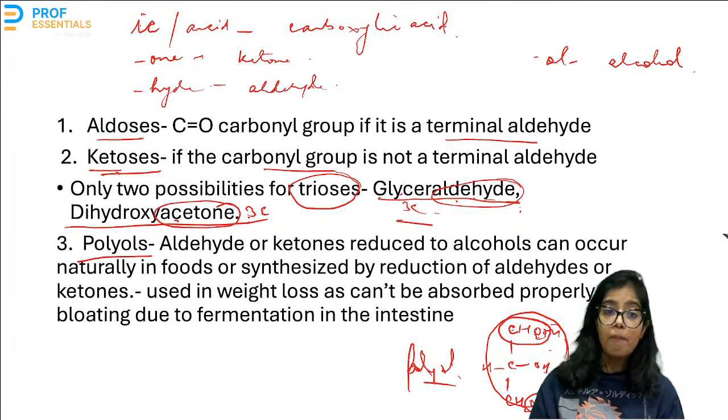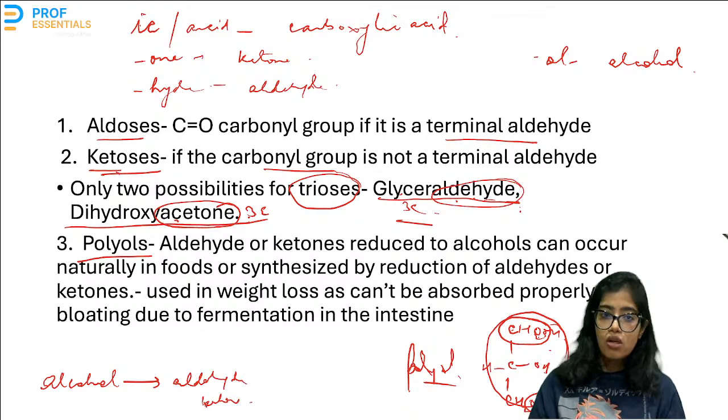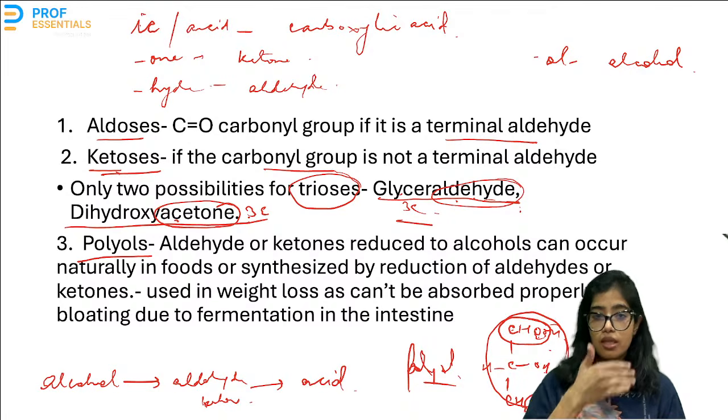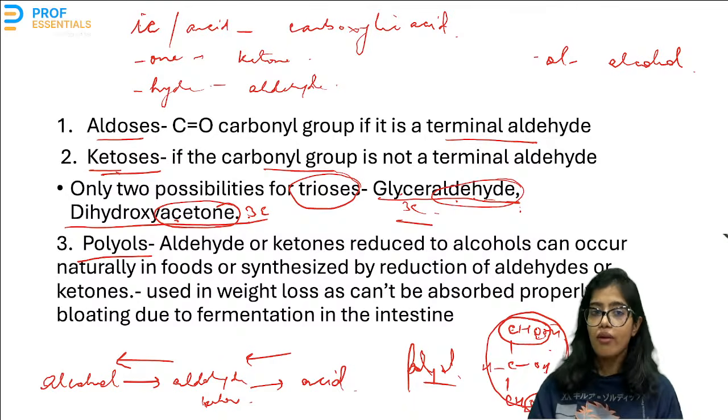Now I hope you remember this. Alcohol is oxidized to aldehyde or ketone, which is then oxidized to carboxylic acid. And similarly, acid is reduced to aldehyde or ketone, and aldehyde or ketone are reduced to alcohol.